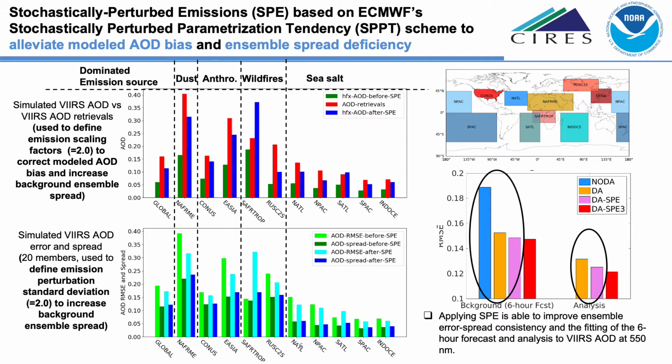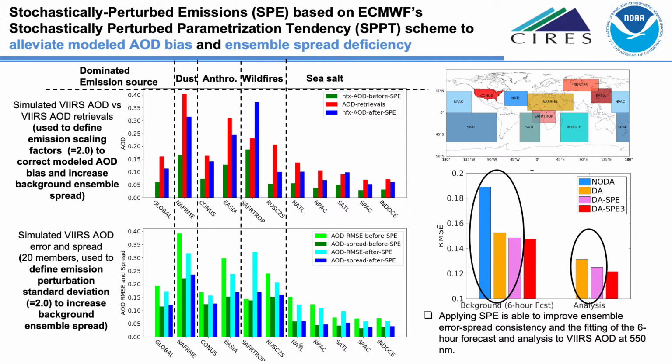By comparing the RMS error and the spread from the background ensemble in light green and dark green bars, after we perturb the emission with a standard deviation of 2, the resultant RMS error and spread in light blue and dark blue have a much better consistency.